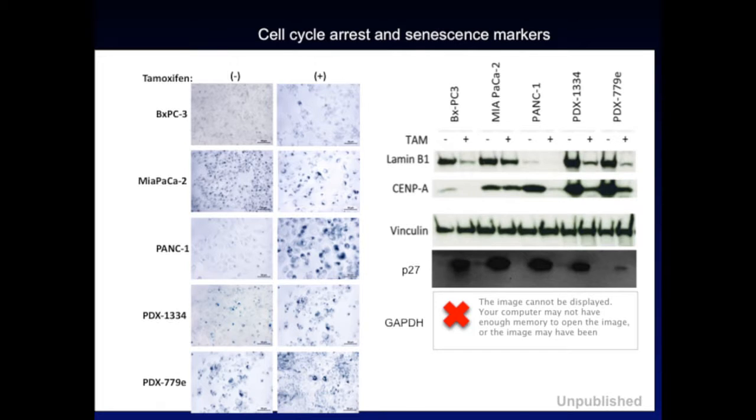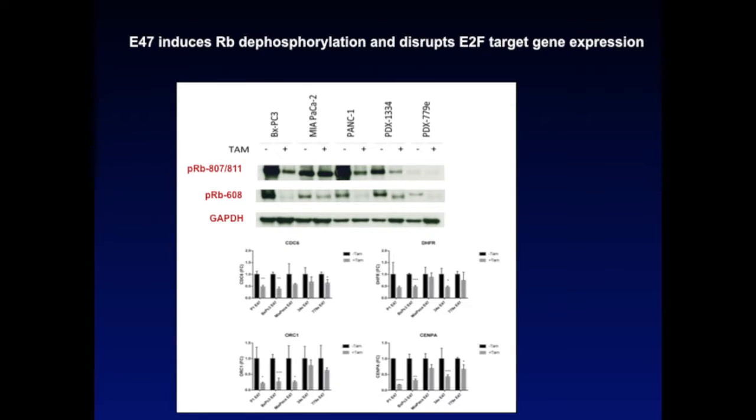And this is indeed what we see. We see less phosphorylation at 807, 811, less at 608. And I'll show you total RB in another blot. Although it's a little difficult to see in the 779, we have shown it's definitely there, and it's dephosphorylated.